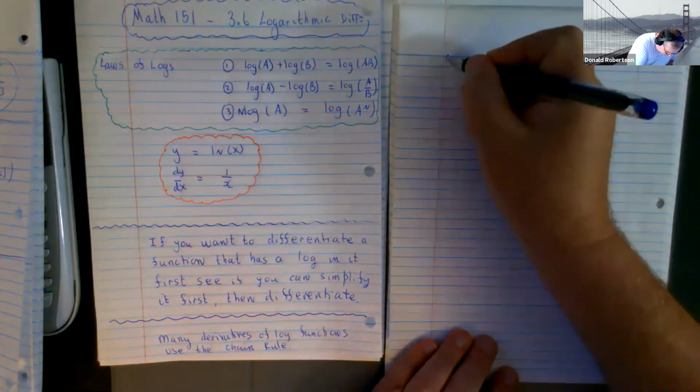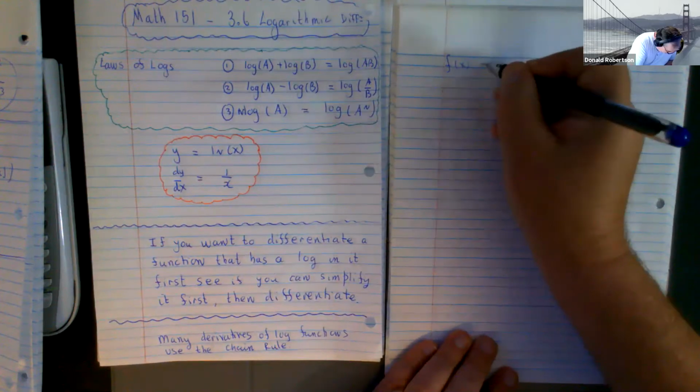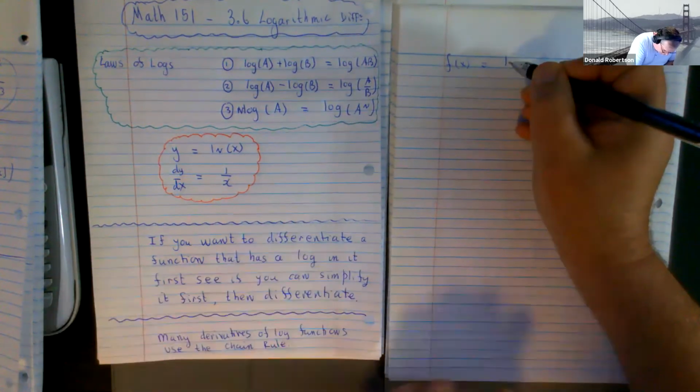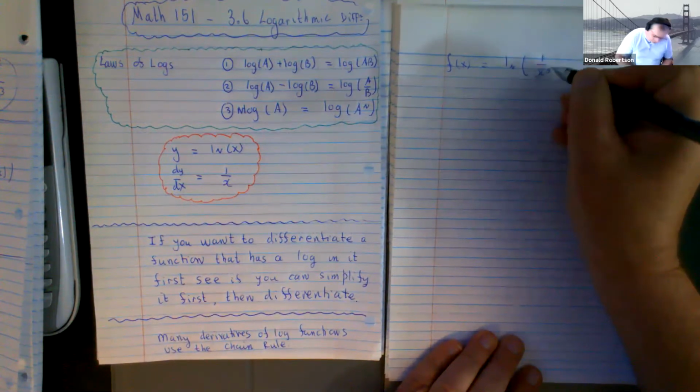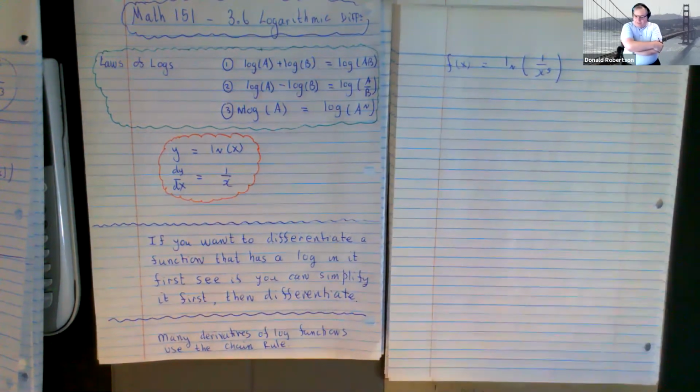So let's look at an example of a question where this rule works. I would like to find the derivative of the log of 1 over x to the power of 5. Now, I could simply just do a chain rule inside a chain rule, and that would work. But can you already imagine that that's going to be pretty ugly and messy?